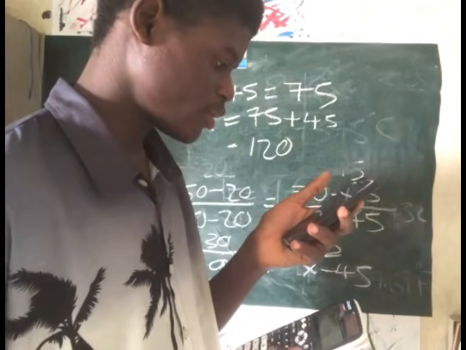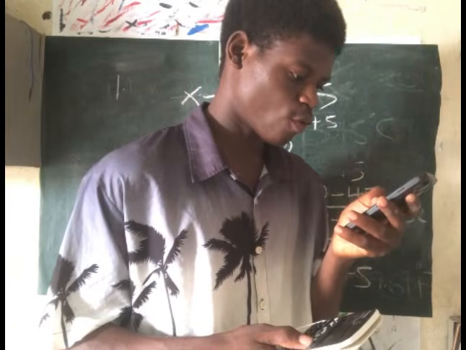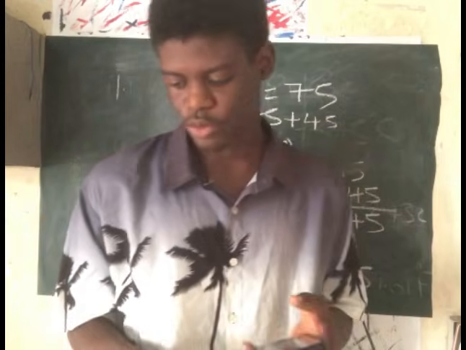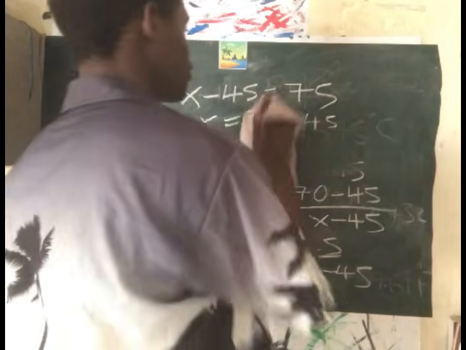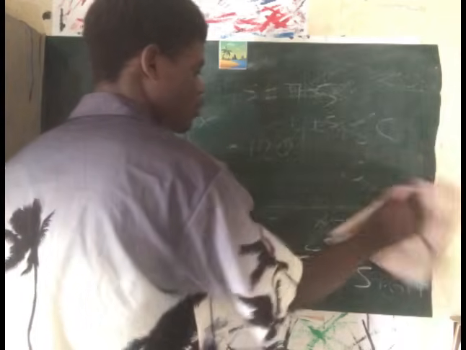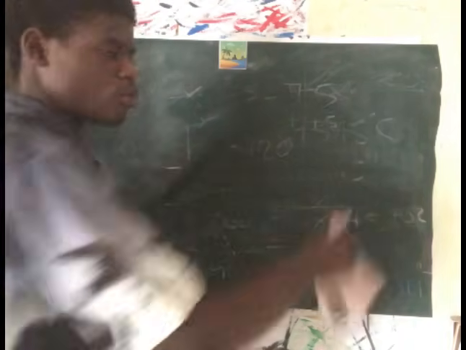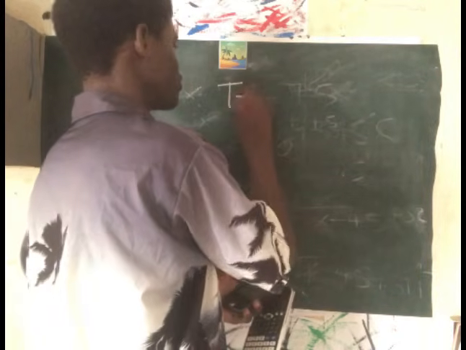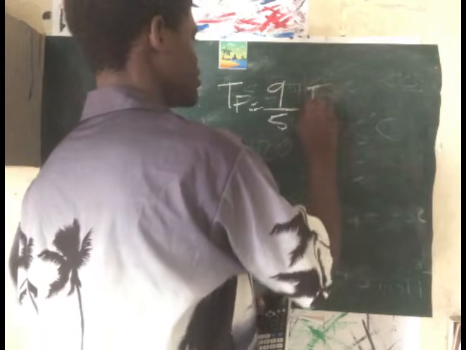So question number 3. It says which of the following equation for conversion of temperature in Kelvin to Fahrenheit? That means we want to convert Kelvin to Fahrenheit, and they're asking us what's the formula. So we all know to convert from Celsius to Fahrenheit, it is TF is equal to 9/5 TC plus 32.